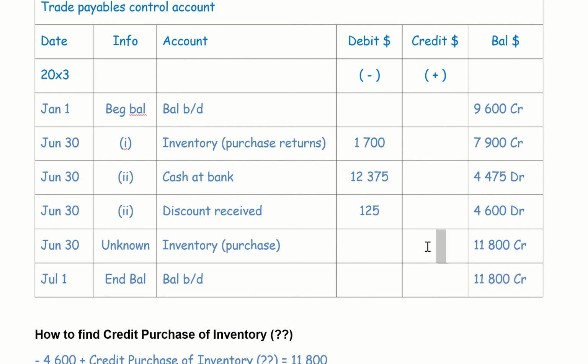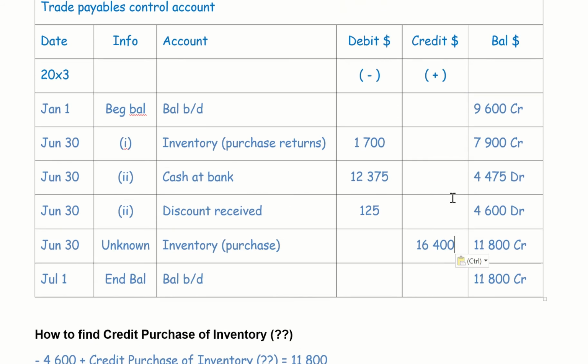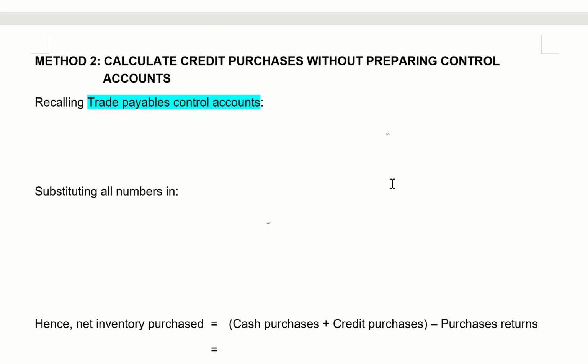And then, of course, you have to add your inventory, whatever this amount is here. And in this case, this amount here is 16,400. So that's what we are going to do. We're going to start with the ending balance first, and then after that, your beginning balance.